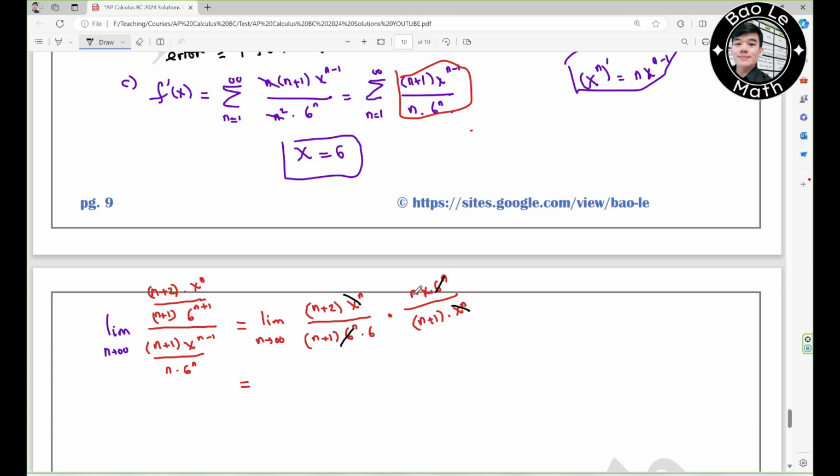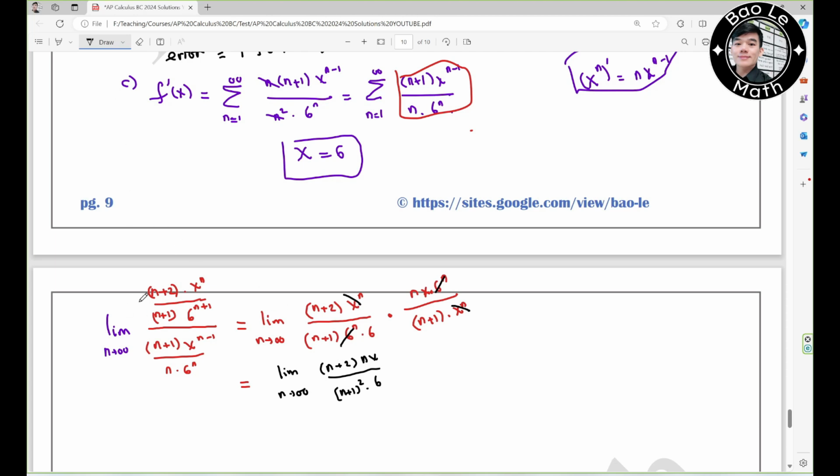So the top should be the limit when n approaches infinity, n plus 2 times ns over n plus 1 squared times 6.